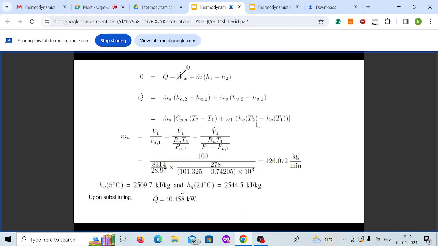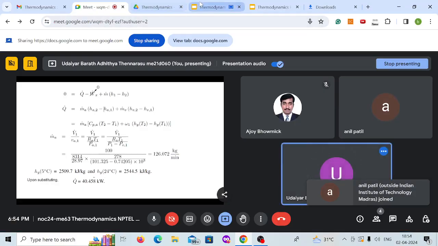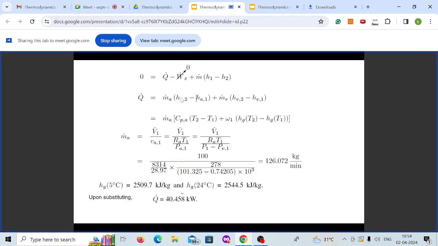When you apply an energy balance across the duct, there is no work transfer. So Q plus m dot (H1 minus H2), in minus out, is equal to 0. So Q is the mass of air times the enthalpy, which can be written in terms of air and water vapor: m dot A (Ha2 minus Ha1) plus mass of water vapor times the enthalpy of water vapor at outlet minus enthalpy of water vapor at inlet.